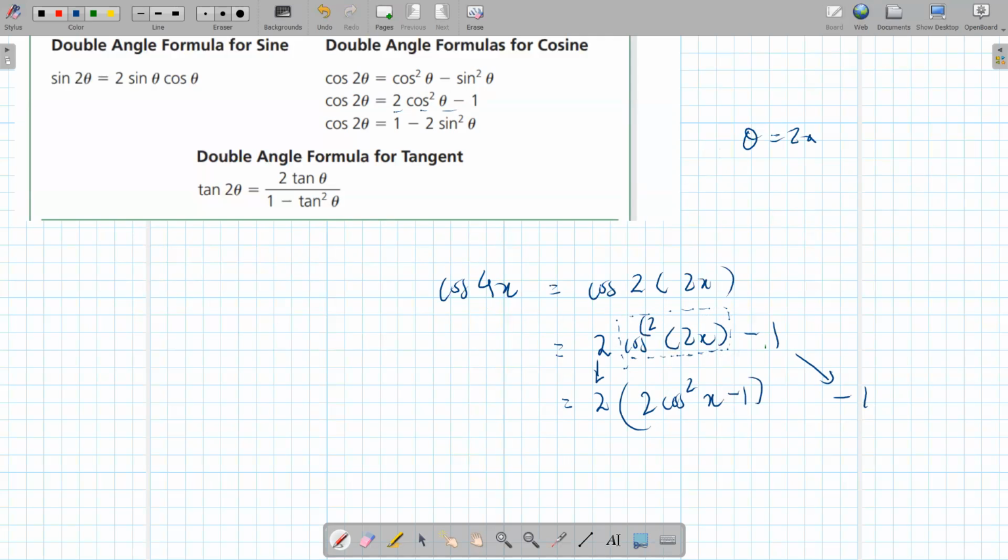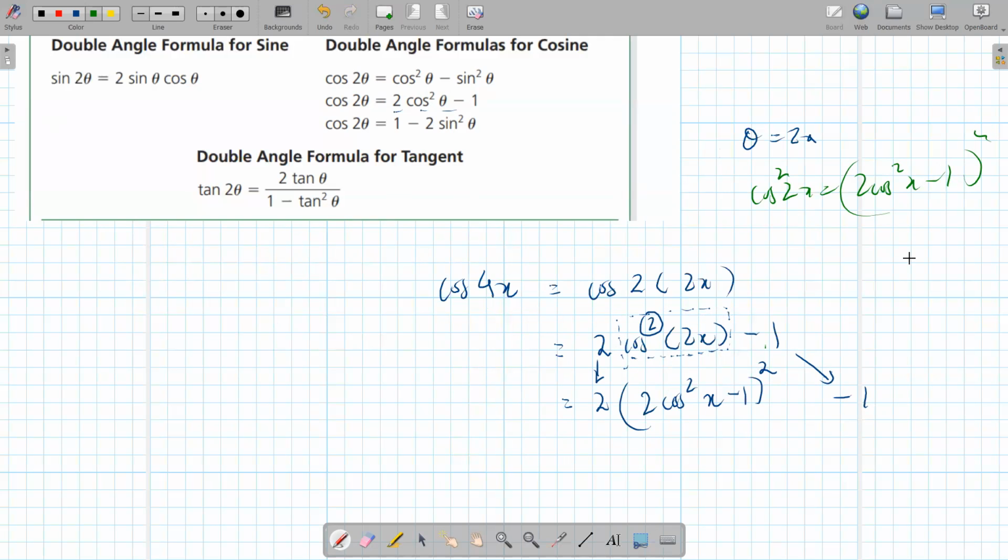And now check this out. You see there's a squared here? That's where that comes from. 2 cos squared x, because cosine of 2x is 2 cos squared x minus 1. And then you have to square this. I see it now.